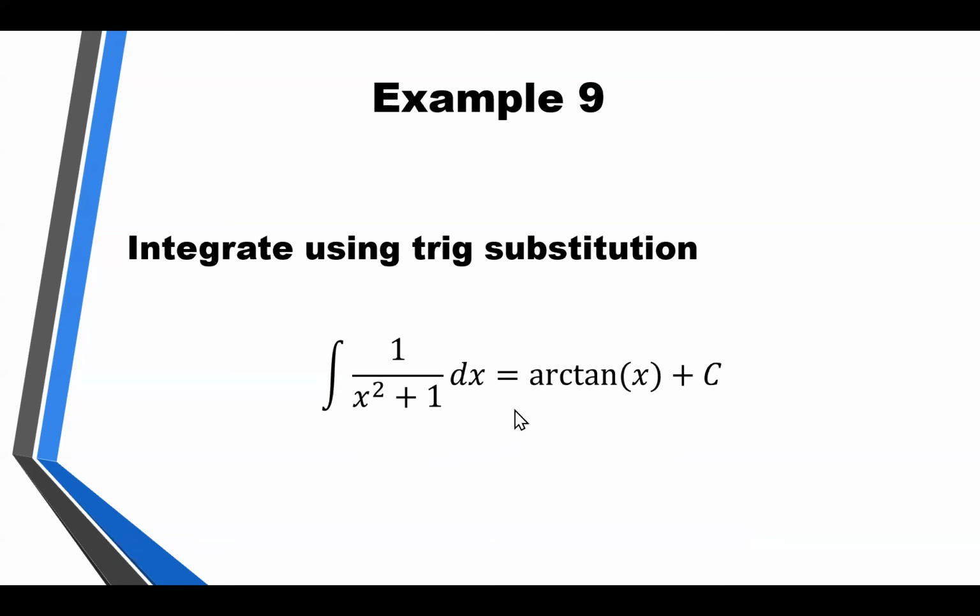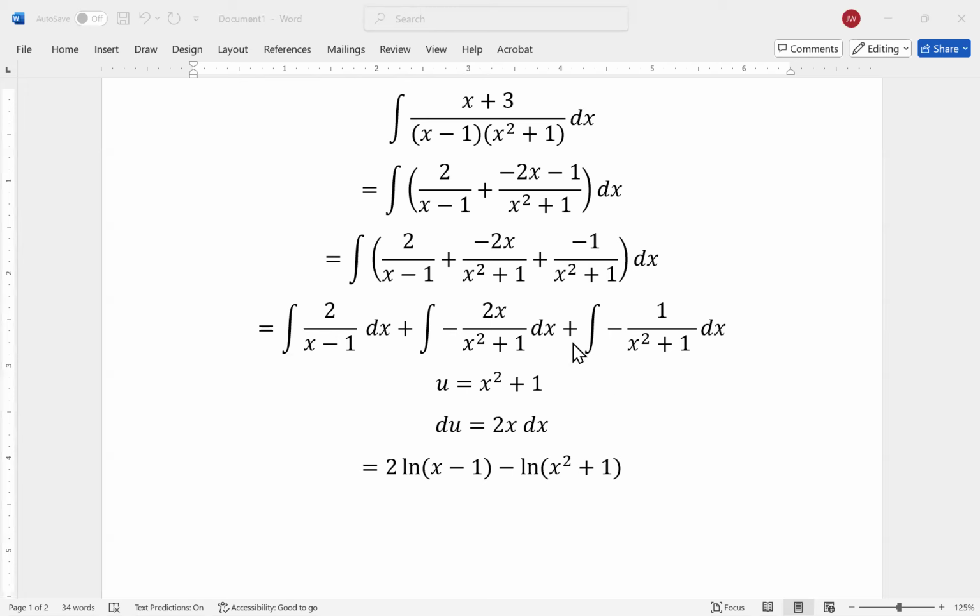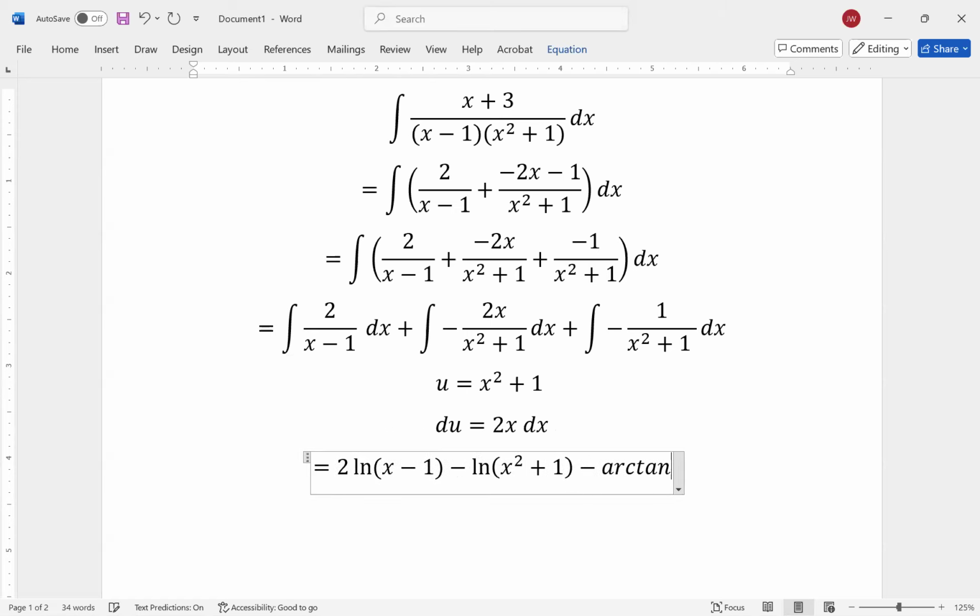If you want to go back and look at where that came from, go back to the trig substitution section. But we ended up with arctan in example 9 of that last section. So that means this third integration is simply minus the arctangent of x.